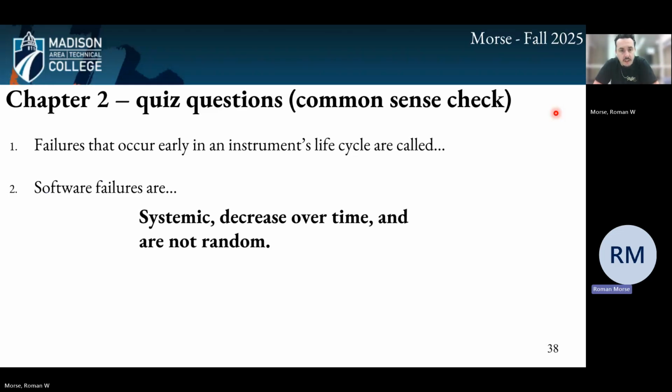Software failures, they are systemic. They decrease over time due to updates in the software. They're not random, meaning they're bugs, they're errors within the code.